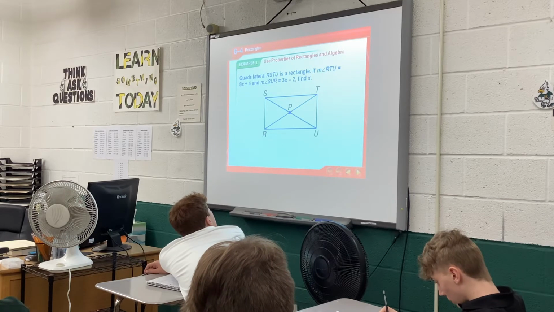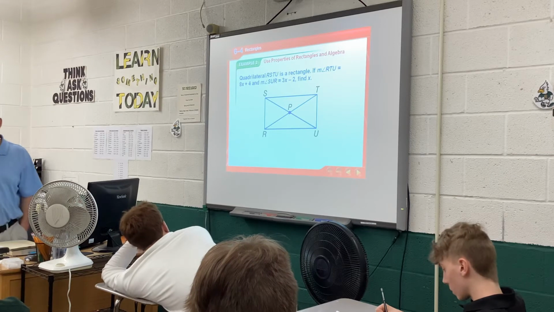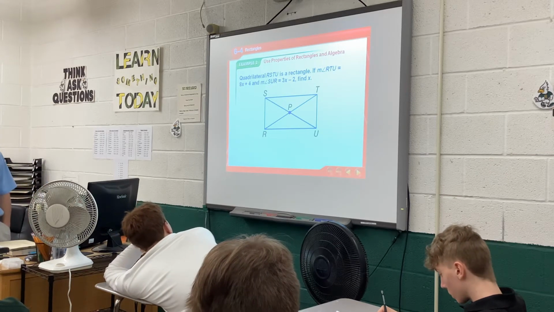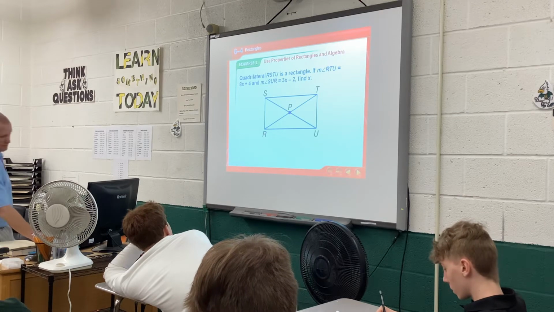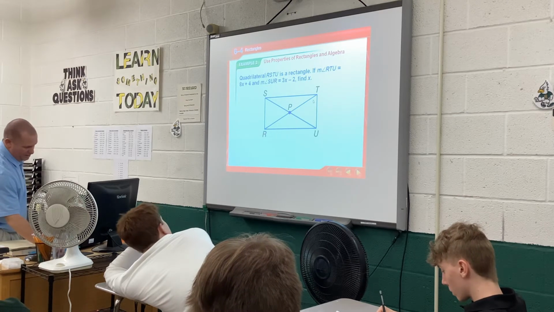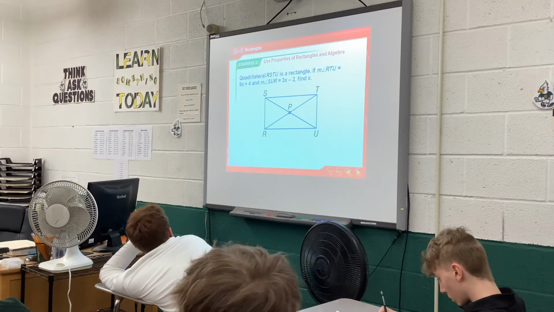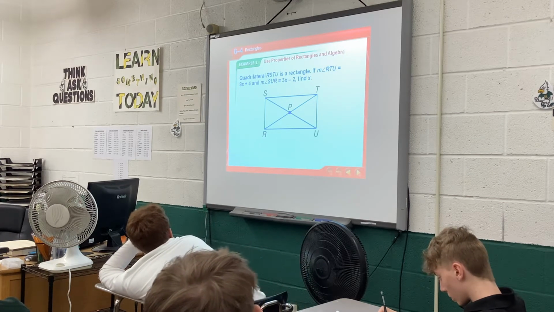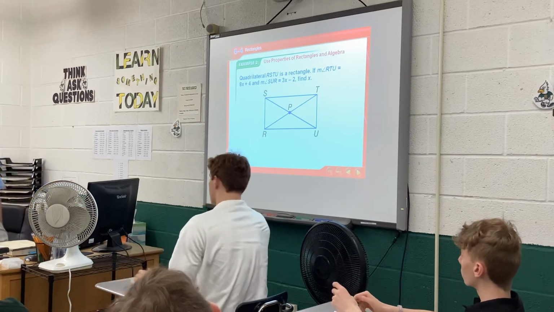If the measure of RTU, so be careful and know where we're looking, the bottom side of A and C, right up in there, is 8x plus 4, and SUR is 3x minus 2.